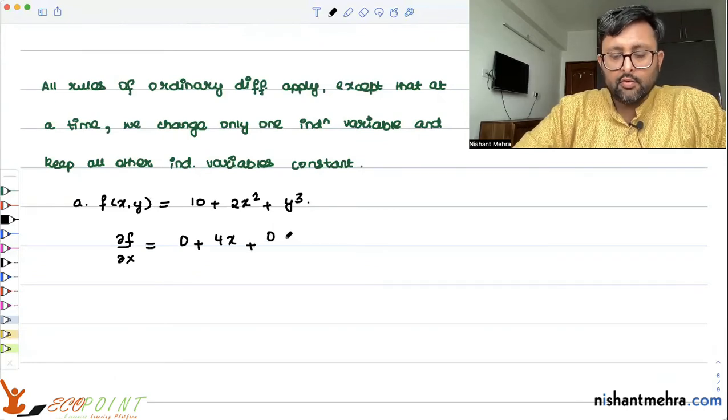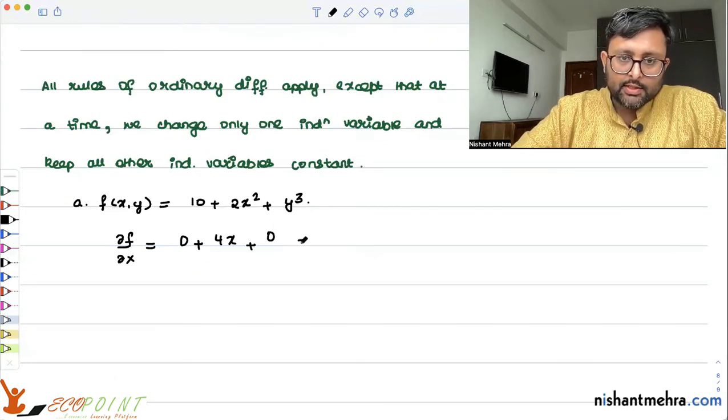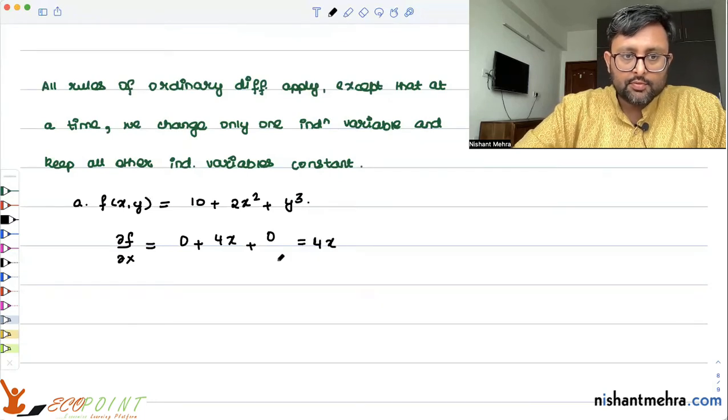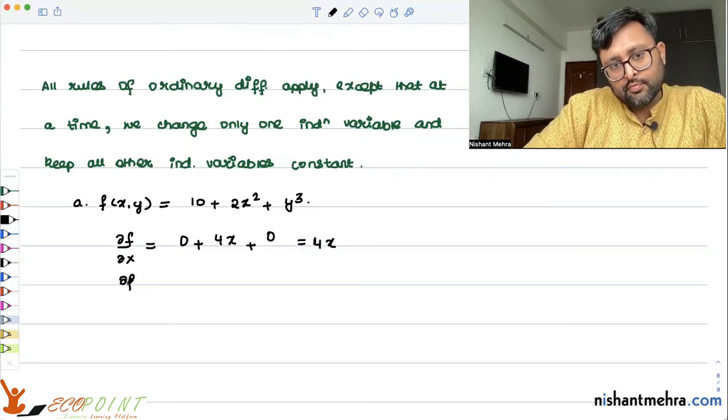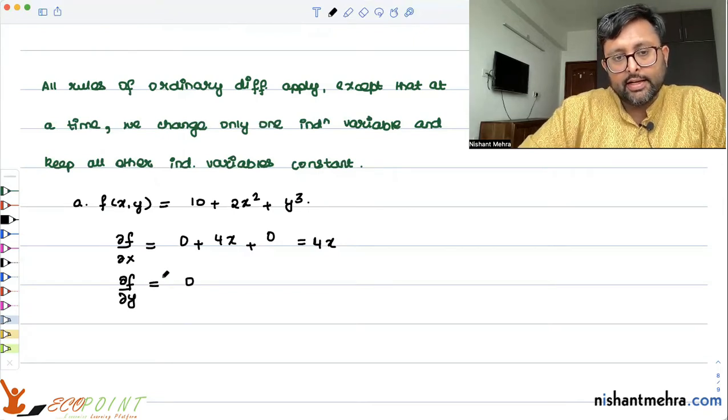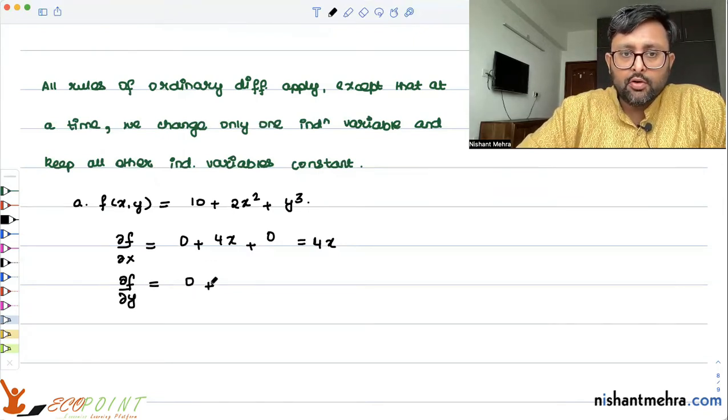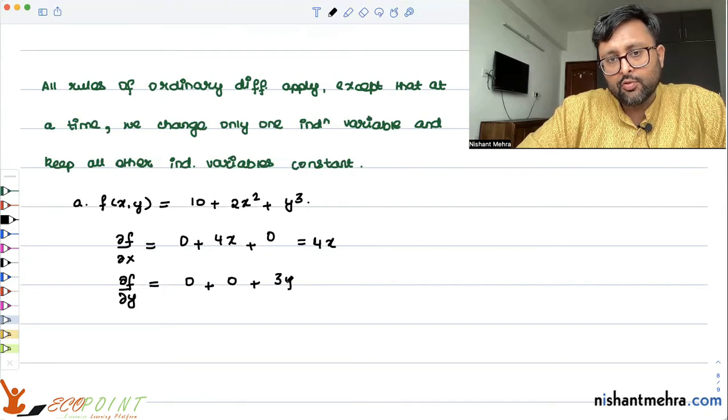And y cubed's derivative with respect to x is 0. So that is 4x. Del f by del y: 10's derivative with respect to y is 0. 2x squared's derivative with respect to y is 0 because x is a constant now. And y cubed's derivative with respect to y is 3y squared.